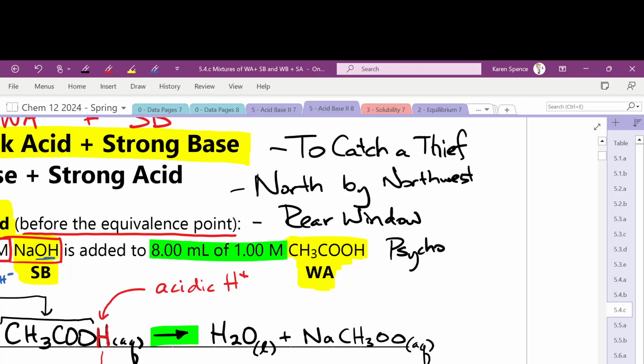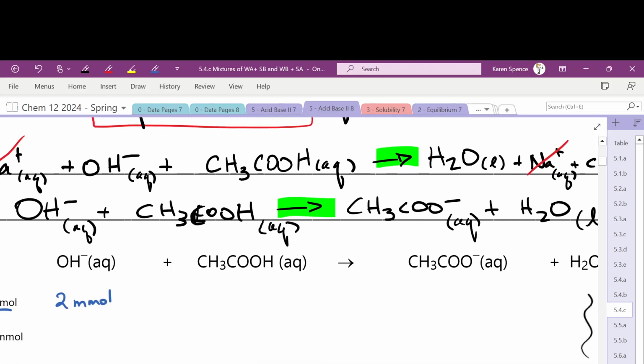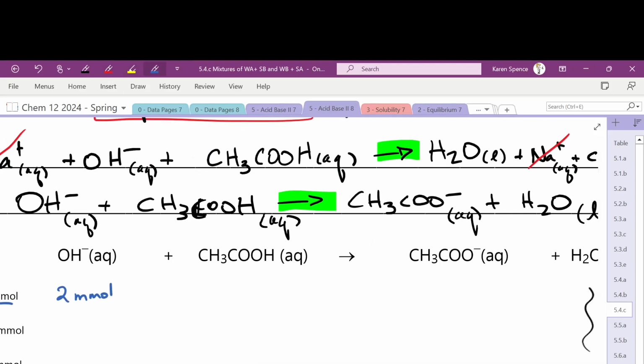Of means times. So we have 8 milliliters of 1 mole per liter. That gives us 8 millimoles of CH3COOH. So over here, we have 8 millimoles.